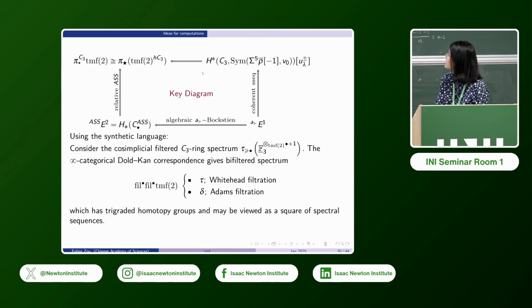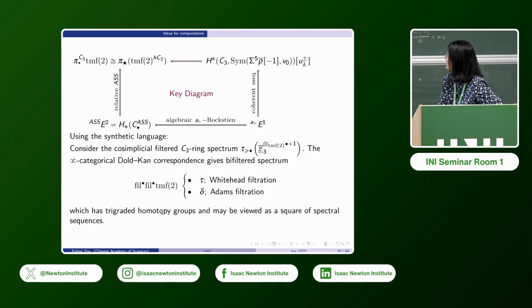So there is a spectral sequence here as well, which makes it a diagram of spectral sequences. So we need to use some synthetic language. We had this filtration, the Adams filtration. We also filter by the Whitehead filtration. Then we have a bifiltered spectrum with two directions.